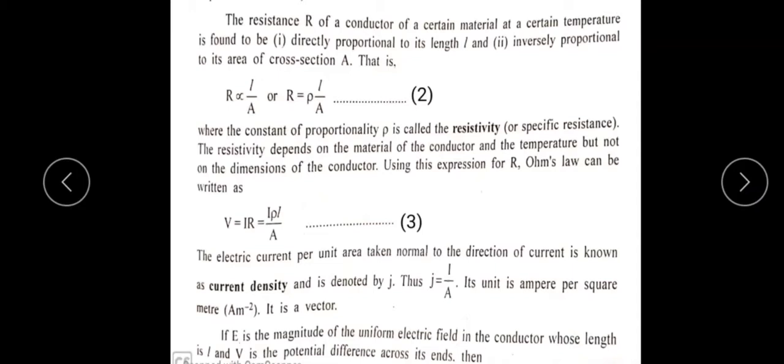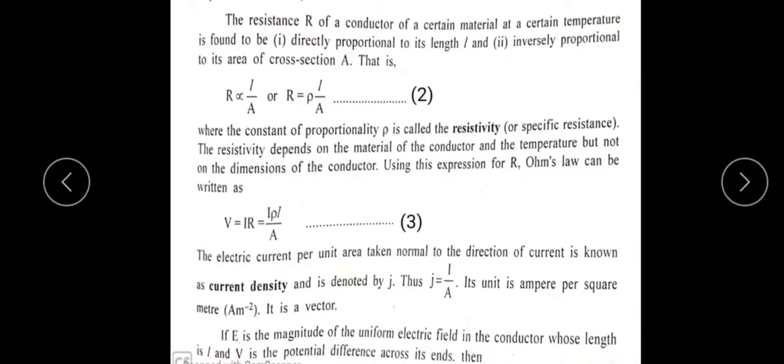Here is the explanation: the resistance R of the conductor of a certain material at a certain temperature is found to be directly proportional to the length of the conductor and inversely proportional to its area of cross section.